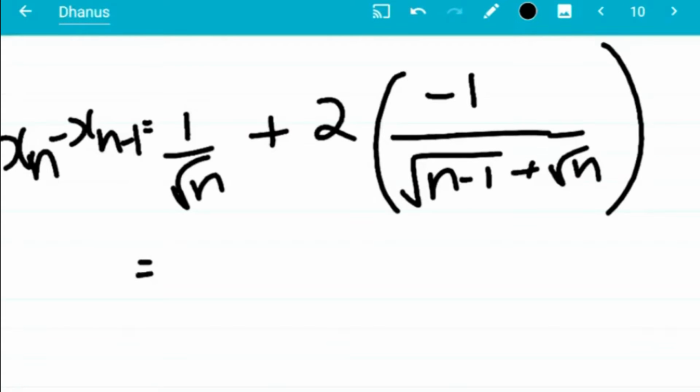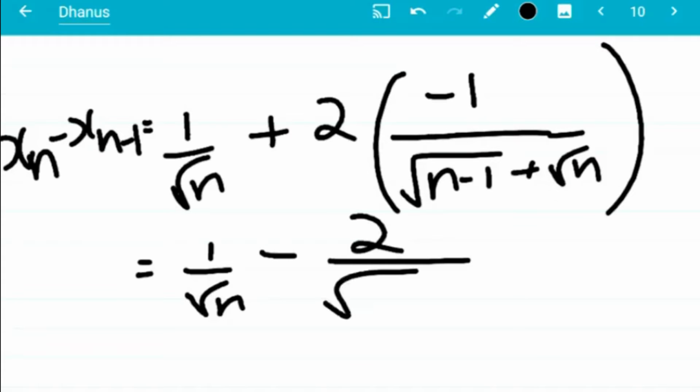This is equal to 1 by root n minus 2 by root of n minus 1 plus root n.